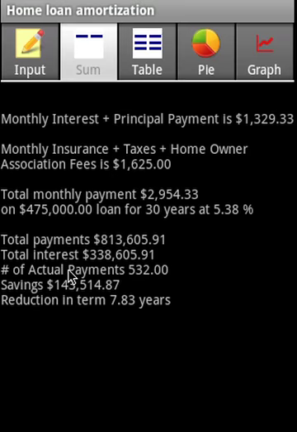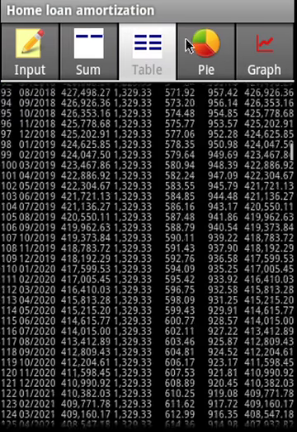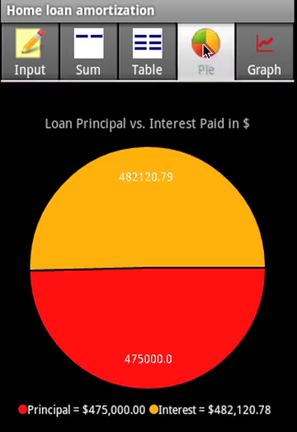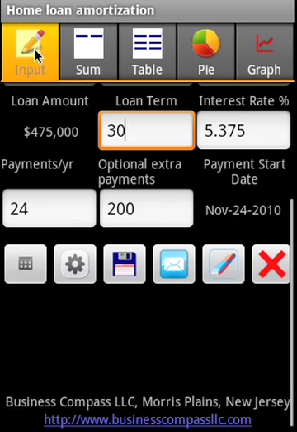Now monthly principal and interest payment, monthly other payments, and your total monthly payment, and then total payment, total interest, number of actual payments, reduction in term because we are paying a little bit extra, and this is the amortization schedule. So over the period of the loan term, then this is the principal versus interest. This is how the various balances look like over the term of the loan.